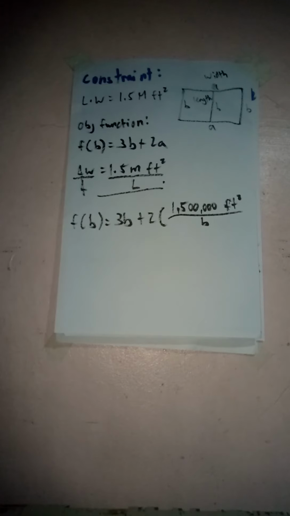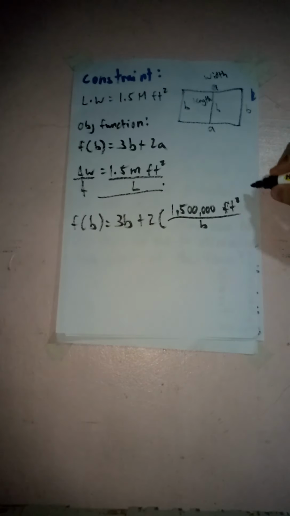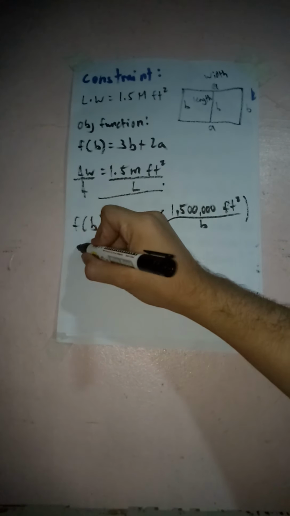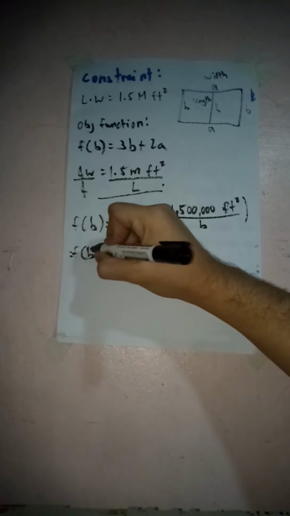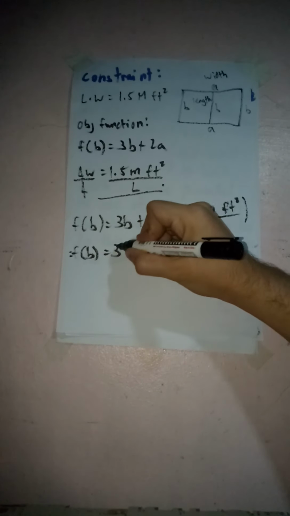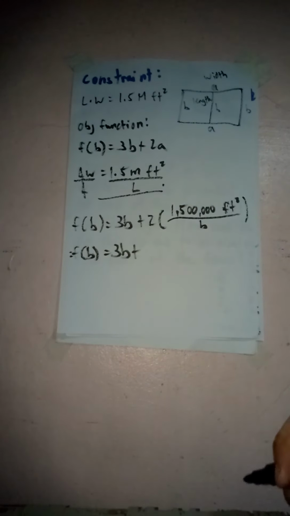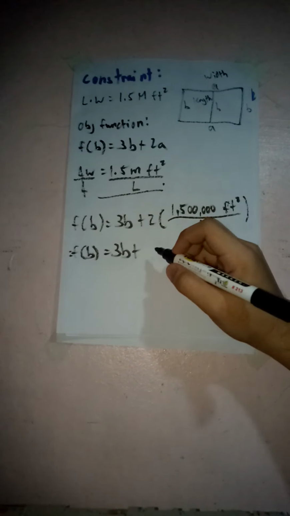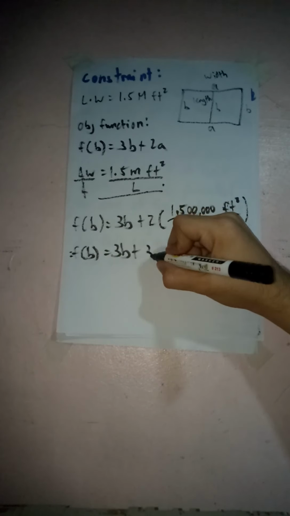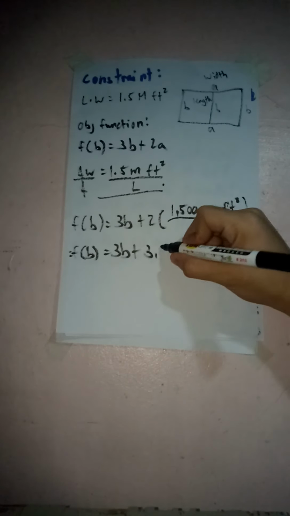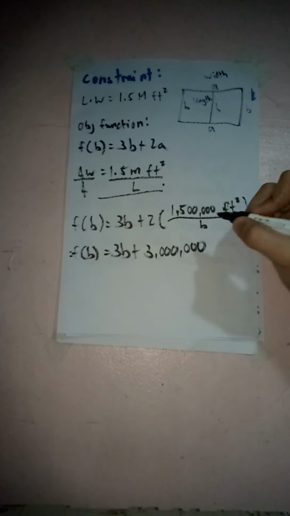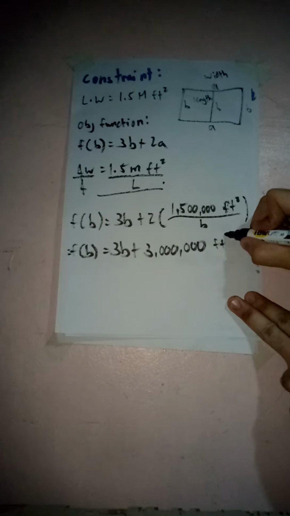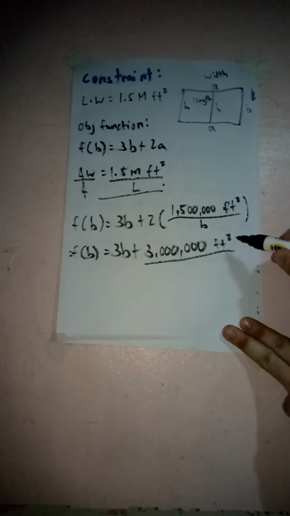So next we are going to multiply it so it would be simplified. So f of b equals 3b plus 2 times 1.5 million feet square is 3 million square feet over B.